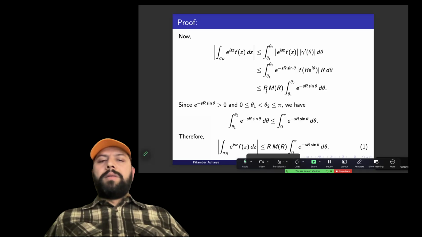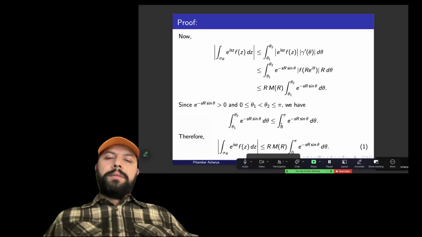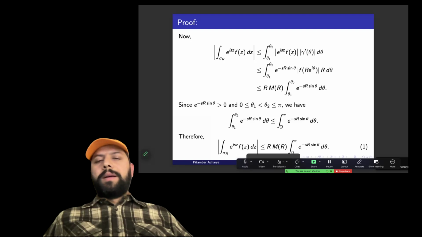This M R is taken as the maximum of all the function values on the arc. So this is less than or equal to R times M R times the integral from theta 1 to theta 2 of e to the negative s R sine theta d theta. Since sine theta is positive, and theta 1 and theta 2 lie between 0 and pi, the integral from theta 1 to theta 2 is smaller compared to the interval of integration from 0 to pi.